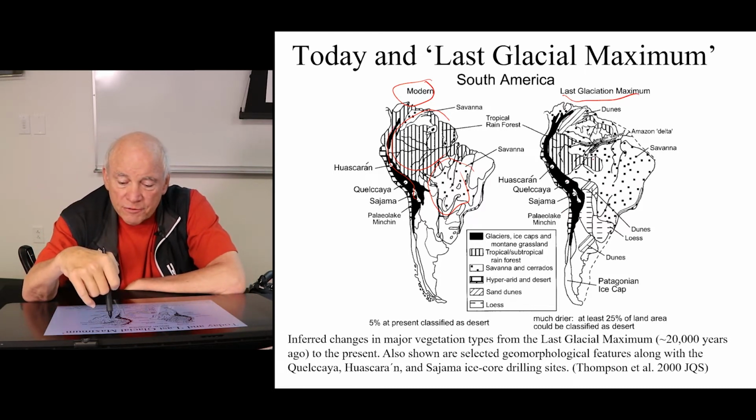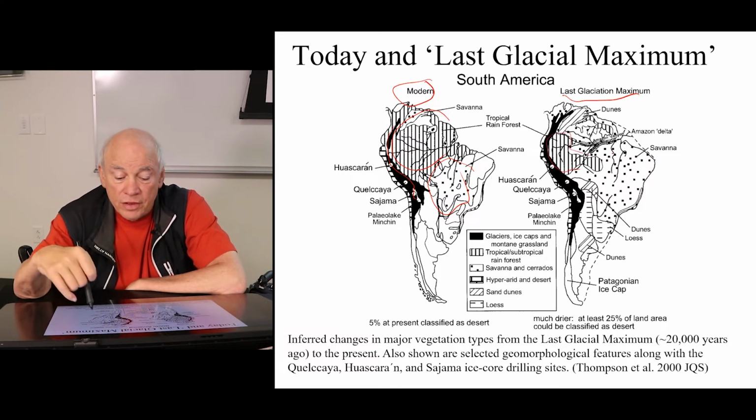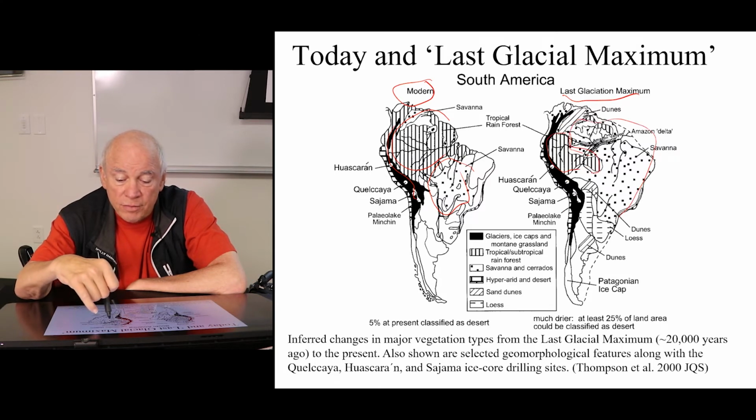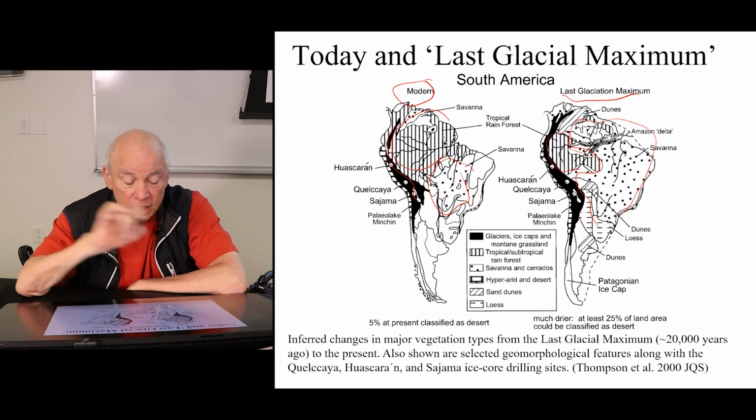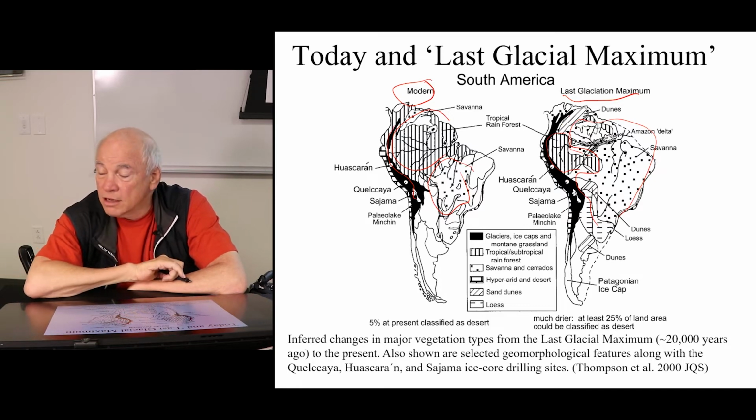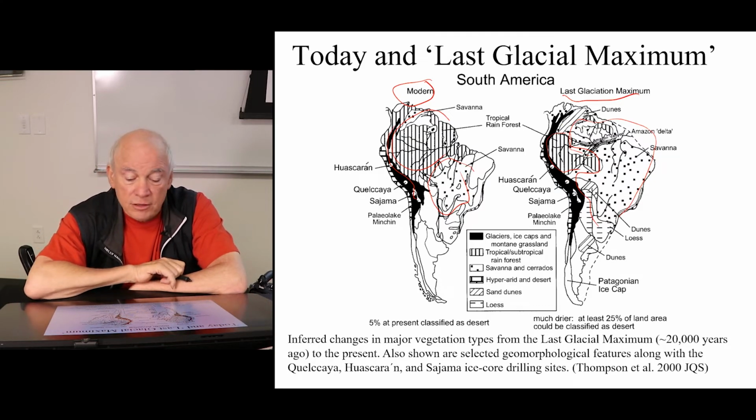The tropical rainforest was much smaller because it was drier. The savanna and cerrados was a much larger part of Brazil than it is today. The entire continent was very different only about 15,000 years ago.